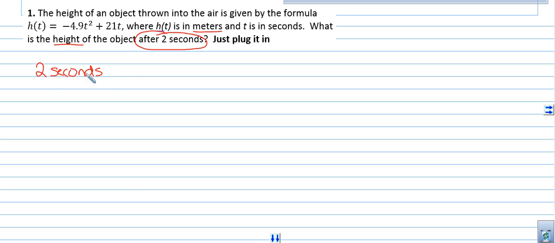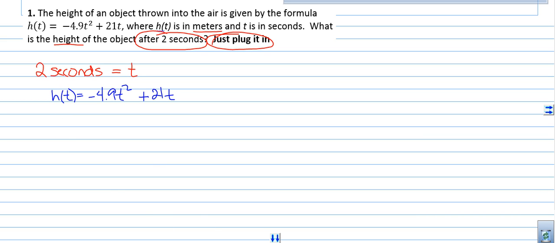Well, 2 seconds means that equals our t. So our t is 2, and just as our notes on the side tell us, we're going to plug that 2 in. We take our original equation, h of t equals negative 4.9 t squared plus 21t, and everywhere we see a t, we plug in the 2.